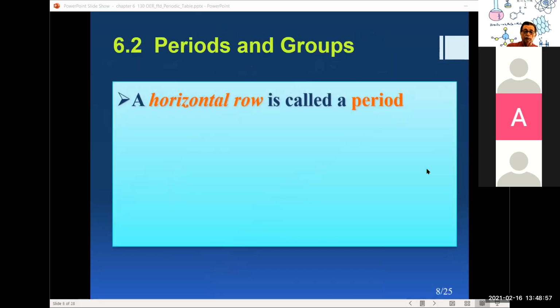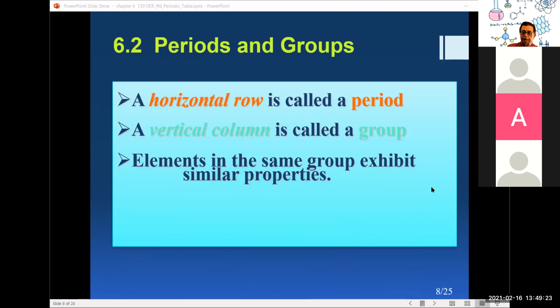All right, so we know now, if I didn't mention it, the horizontal row is called a period or energy level, okay? Because there are 7 periods that represent the 7 energy levels for the electron. The vertical columns are a group. And so we've got group 1A all the way to 8A. And they're in that group because they exhibit similar chemical properties, okay?